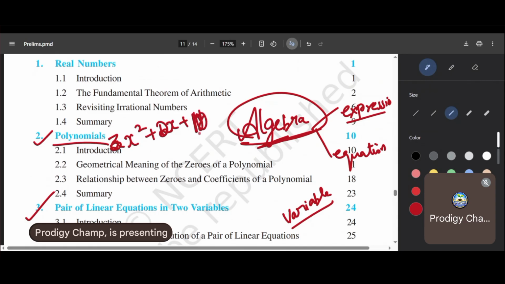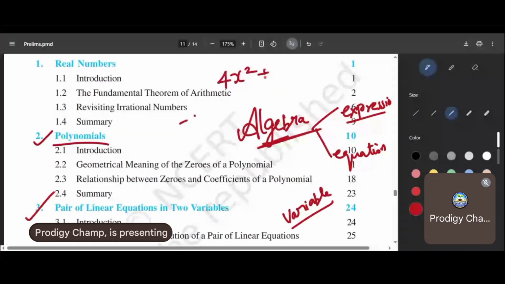Like this, we frame a general expression without putting equal to 0. Another example: x square plus 2x plus 7. If it is an expression, we don't have equal to 0. Got it, children? So we should not write equal to 0.